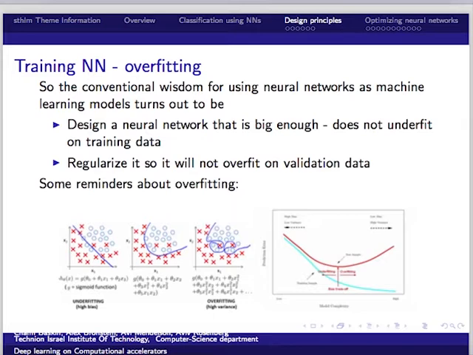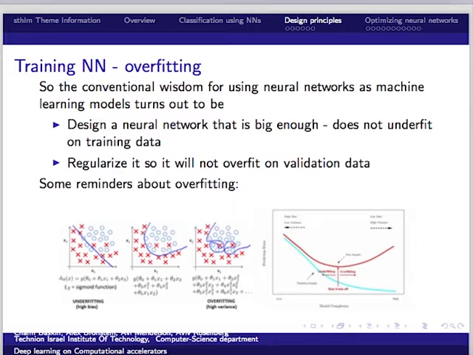Okay, a few words about the training process. In standard neural network training problems, you have around 60% of the data for the training process, 20% for the validation set, and 20% for test. I will talk later about why you need your test set.